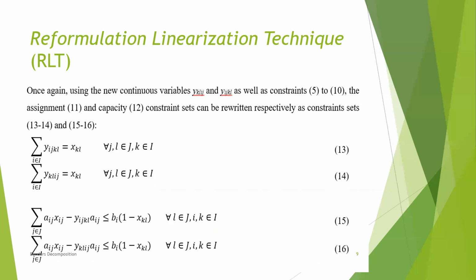Therefore, we add the constraints 13 and 14, and we can add constraints 15 and 16. As can be seen, constraints 13 and 14 are the reformulation for the assignment constraints, and constraints 15 and 16 are the new reformulations for the capacity constraint.